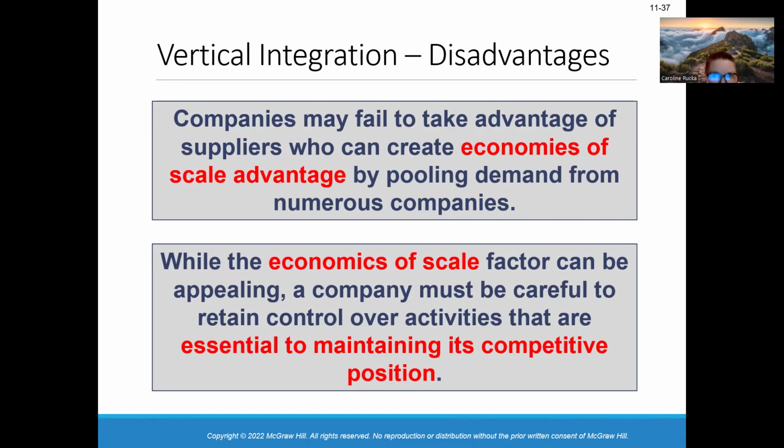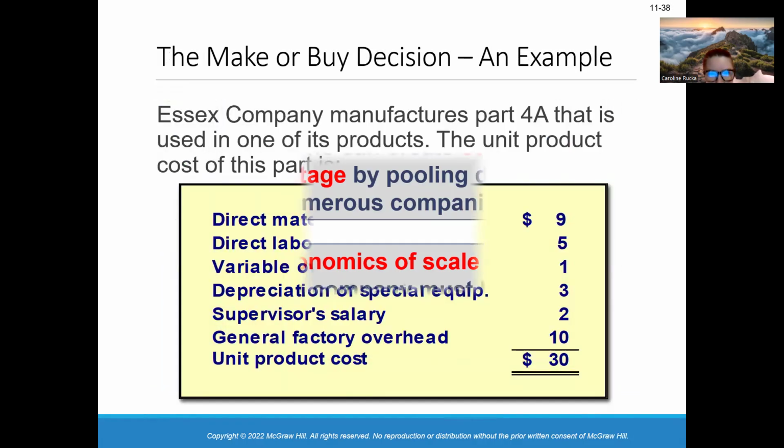So it might turn out that a company that's specialized in manufacturing can produce this item more cheaply, and you can buy it externally, not make it yourself, for a lower price. But keep in mind, you are then losing that control over the quality of the products that you're selling.